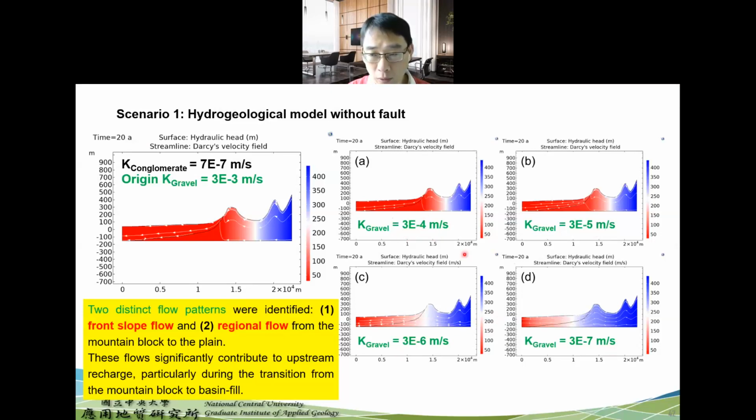When we decrease the K value for the sediments, you can see that the water flow pattern becomes relatively smooth because the system becomes more homogeneous. The K values between the sediment and the rock will be similar, so the water can flow smoothly, as we mentioned.